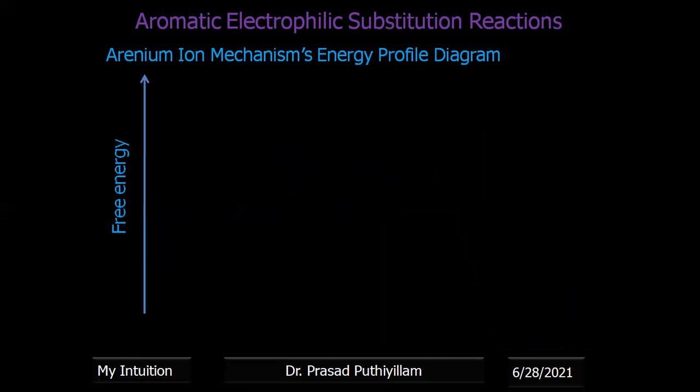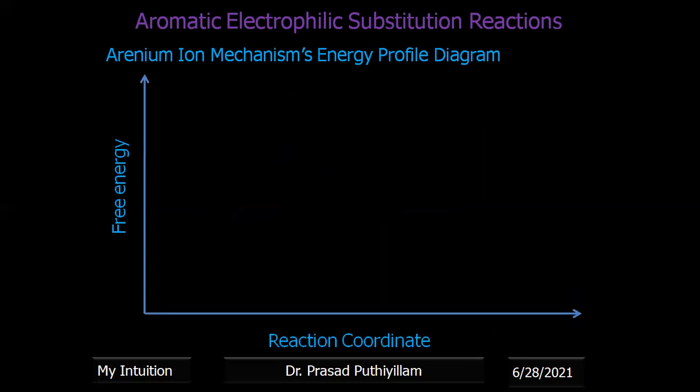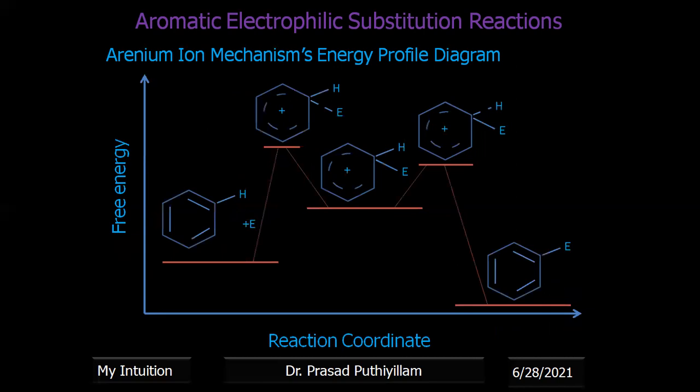Usually, when we draw an energy profile diagram, we take free energy on the y-axis and reaction coordinate on the x-axis, and the same can be represented like this. So you can see the difference in energy. Okay, so the first state, that is the reactants' energy level, to the first transition state, the energy difference is represented here. I'm not giving any value here. Again, the difference between the first transition state and the somewhat stable intermediate, that is the Arenium ion.